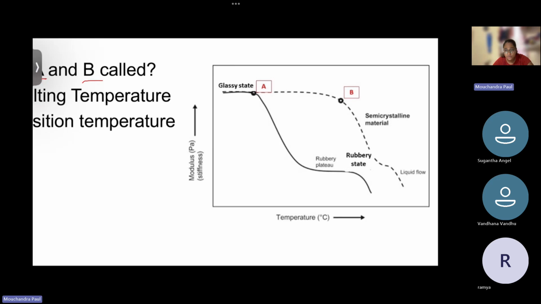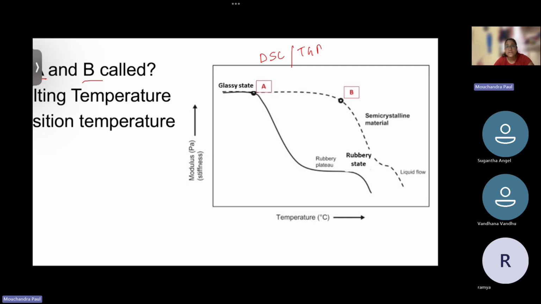This is a typical graph that you generally obtain from thermal property characterization techniques like DSC, differential calorimetry, or TGA, thermogravimetric analysis. These are techniques that help us understand the melting point and the glass transition temperature of your material.